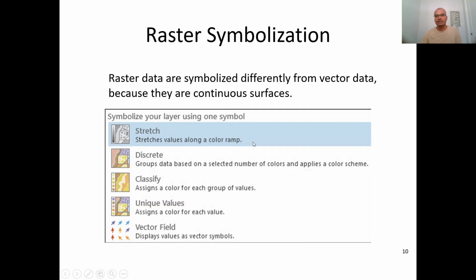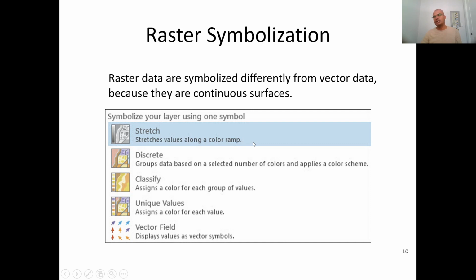This is applicable to raster data also. And of course, raster data are symbolized differently from vector data, because raster data normally uses continuous information, so that you can stretch your data using a grayscale or color scale.